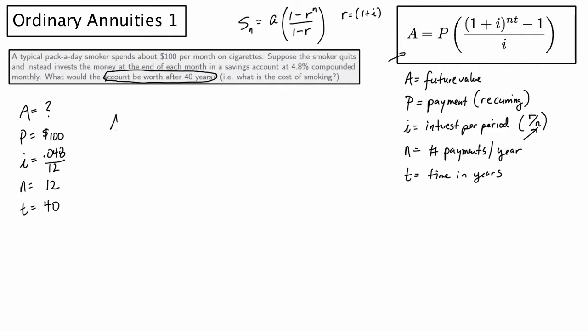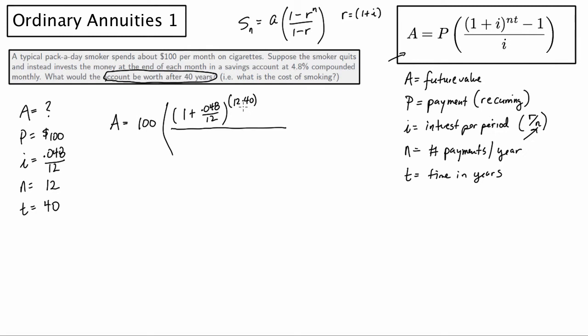If I plug all this into the formula, then I'm looking at the following. So we've got 1 plus I raised to the 12 times t. So this is where the 480 that I was talking about comes from before.